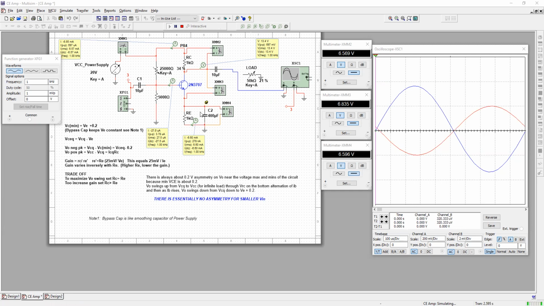So we have some intuition that says we want a really big capacitor here. And so I've put 400 microfarads in parallel with the RE. It's going to allow the small ripples that you're feeling from the input to not impact the voltage at the emitter resistor. So VE, which is the voltage at the emitter, is going to stay pretty constant thanks to our capacitor here.